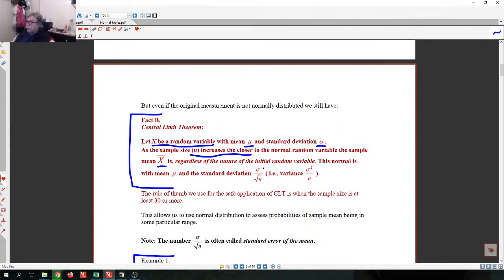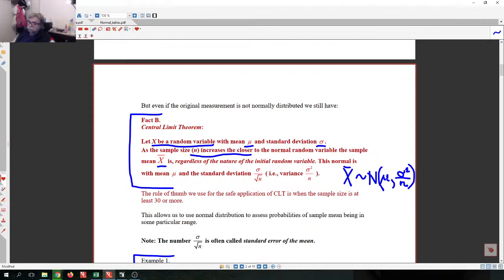And it's again, as before, going to be approximately normal, and it's going to have a mean the same as the original. So this is the mean of X, the same mean, and the variance is going to be the original variance n times smaller.